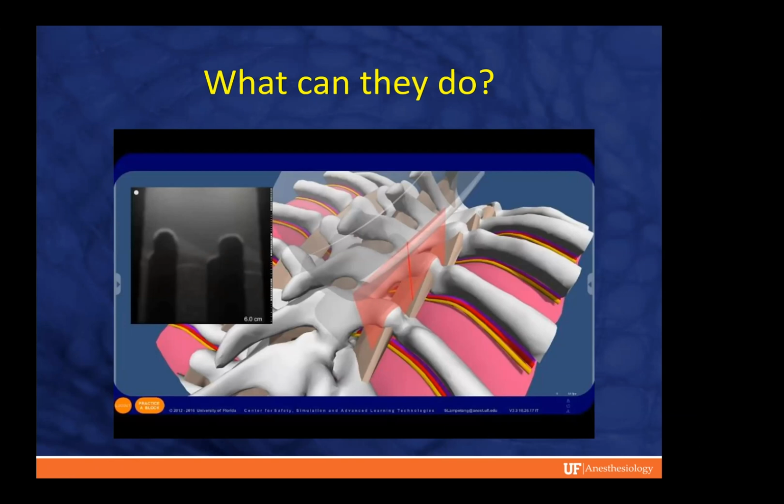Or can we use this tool to explore different or unexplored ways to approach a technique? And can we find ways that are either easier to execute, safer to execute, or simpler, lower risk ways to approach the same techniques?